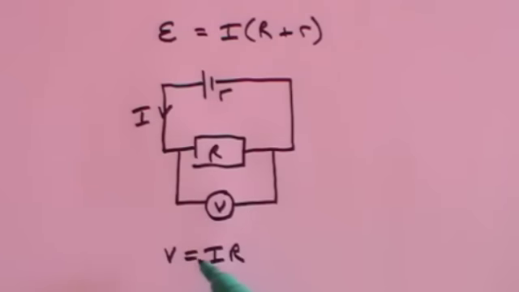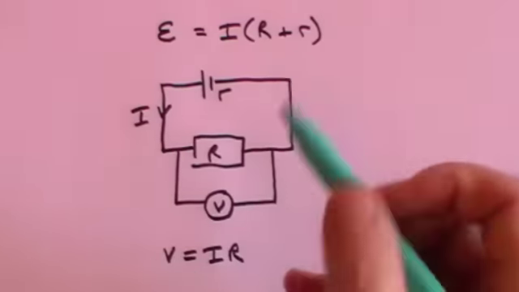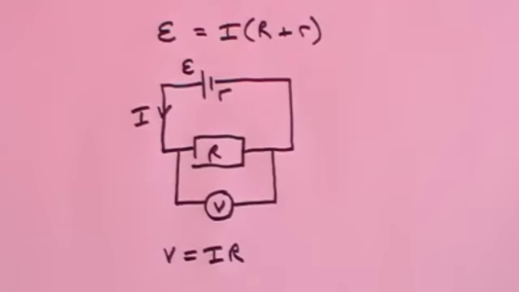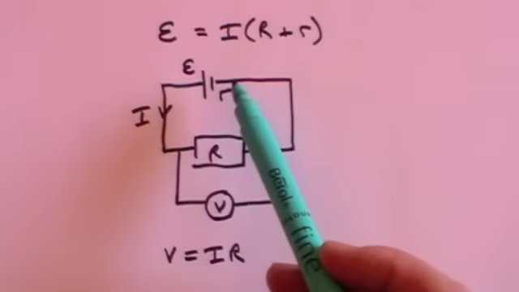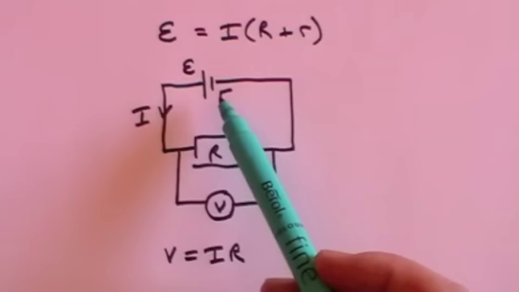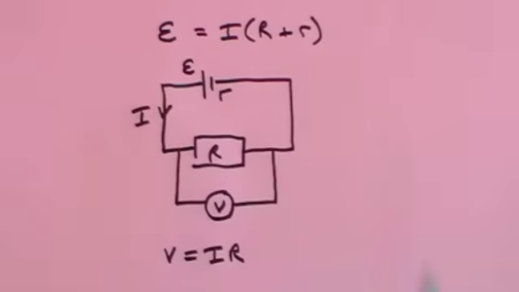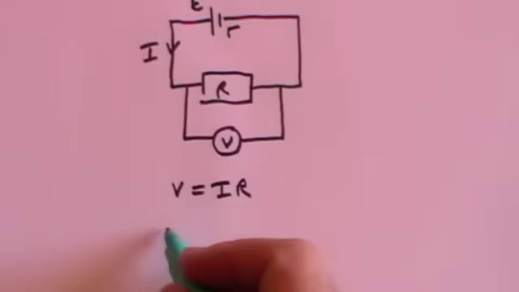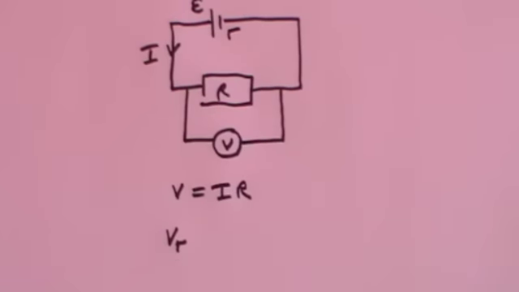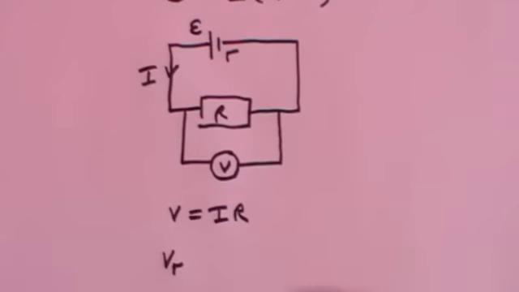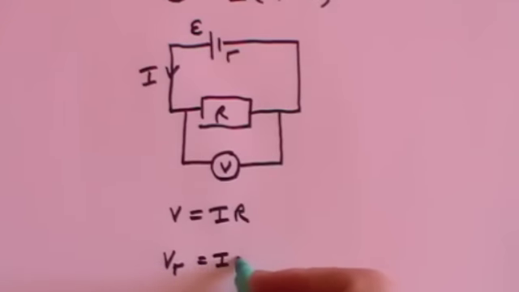But that V there is not the same as the inherent voltage, the EMF of the battery itself, because there will also now be a voltage drop across the battery because there's a resistance associated with the battery. So there will be a voltage drop across the battery, which we will call the voltage drop across little r, which is the battery, which will be equal to I times little r.